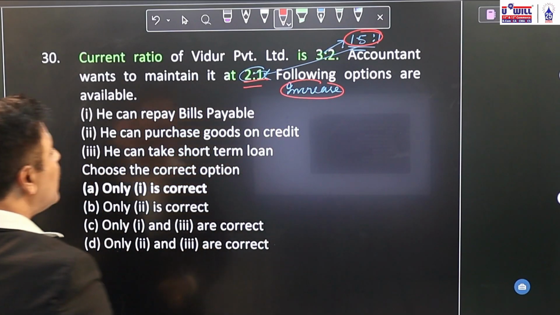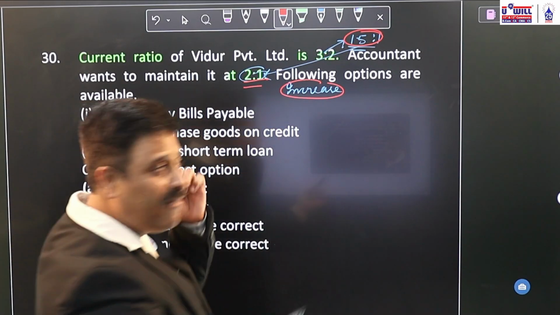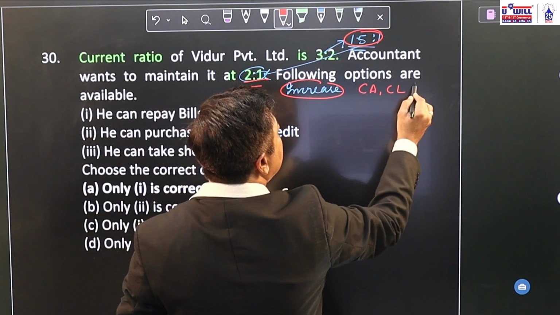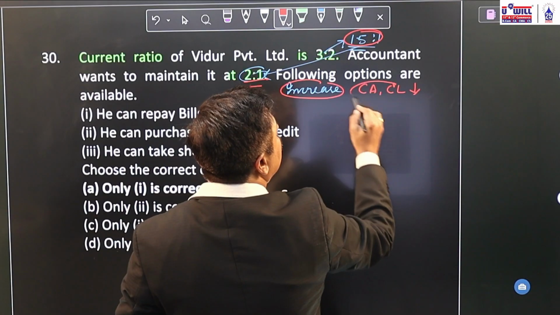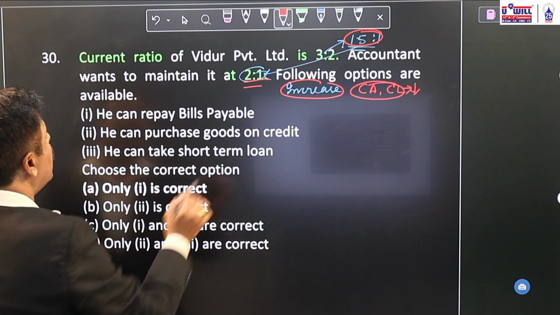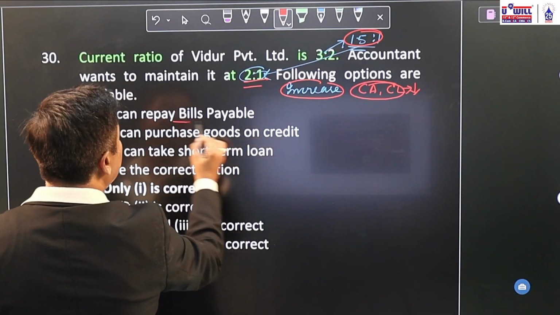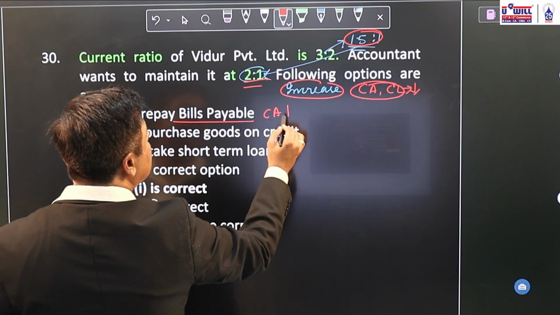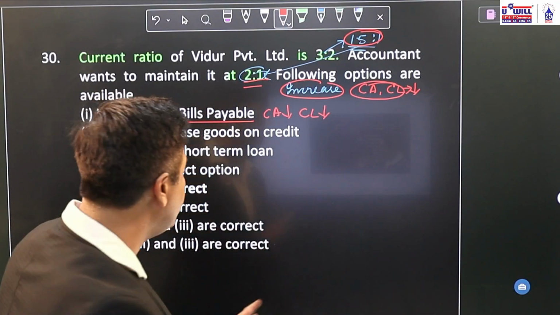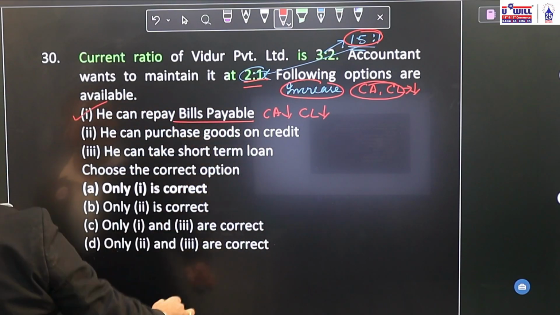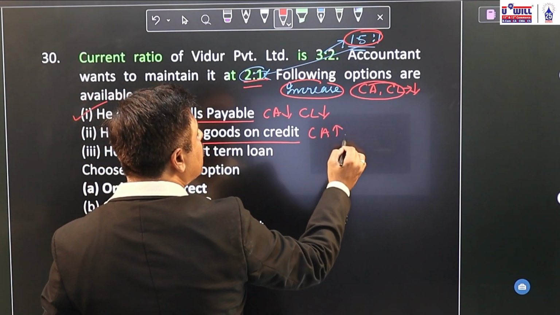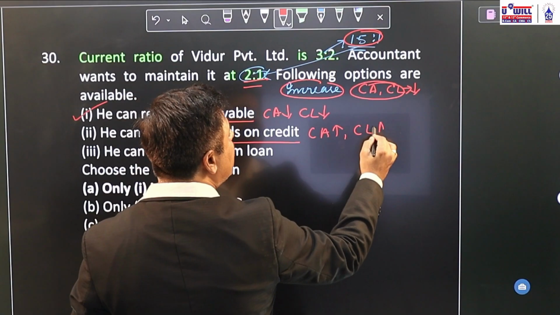Following options are available. Just now I told you, when will the current ratio increase? When current assets and current liabilities both decrease. Let's find out. He can repay bills payable. If you repay bills payable, current assets will decrease because cash will go out, and current liabilities will decrease because bills payable are repaid. So yes. If you purchase goods on credit, inventory will increase, current assets will increase, creditors will increase, current liabilities will increase.